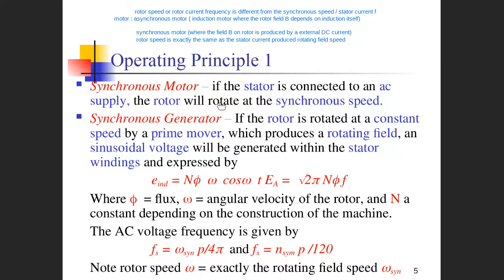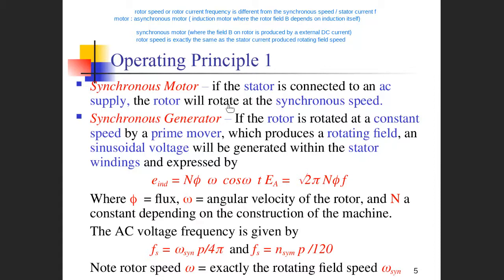In the synchronous motors, we use external DC currents to generate a constant magnetic field on the rotor. Once the stator is applied with AC currents, the stator's magnetic field, which is time-varying with constant amplitude, actually a sine or cosine magnetic field rotating with time, interacts with the constant magnetic field on the rotor.